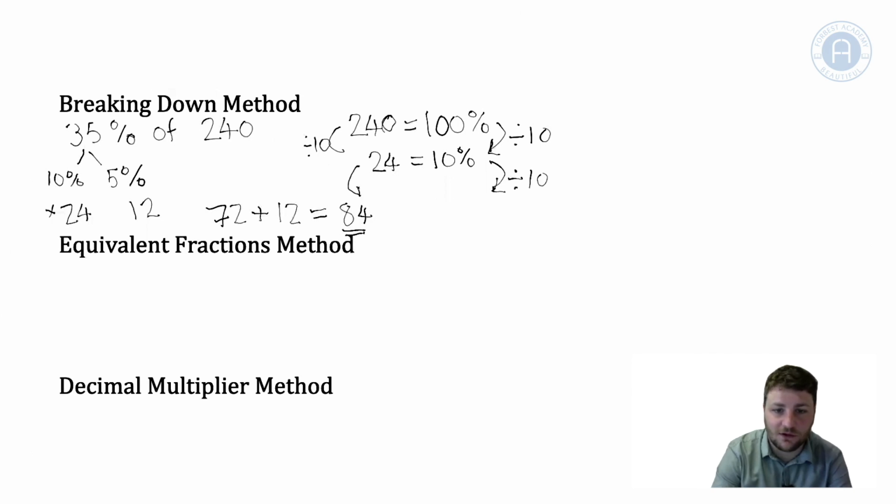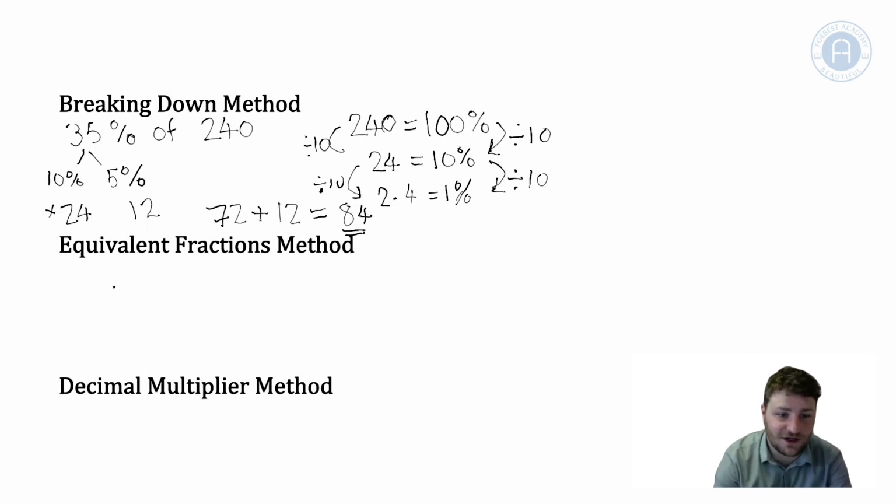So you can use this to find any percentage. Obviously, we prefer to use it with questions where your percentages are nice multiples of 5 or nice even numbers that break down easily. So that's the breaking down method.